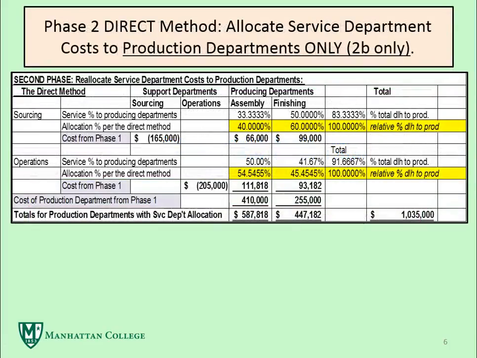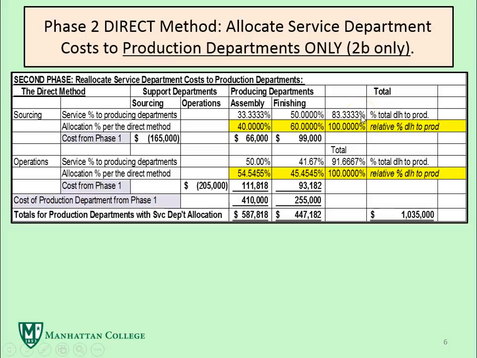So what do we do with the direct method? In the phase 2 direct method, we allocate service department cost as if the only time they spend is on production departments. So for the sourcing department, 33% of its time is spent servicing the assembly department, 50% of its time is spent servicing the finishing department.